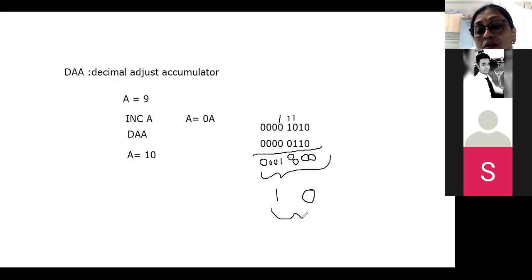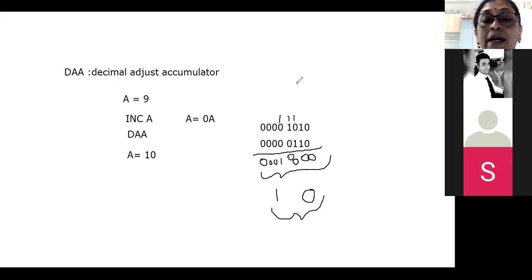So this is as if you are working on BCD or binary coded decimal. Even if the result of the addition operation is in hexadecimal form, you can convert it into decimal form by adding 6 to it.